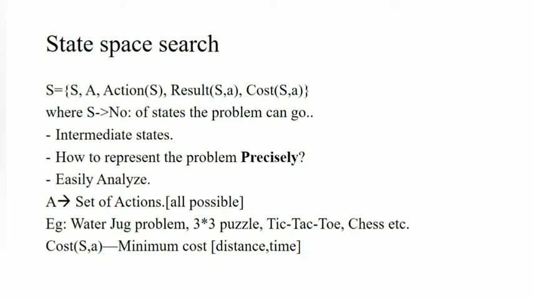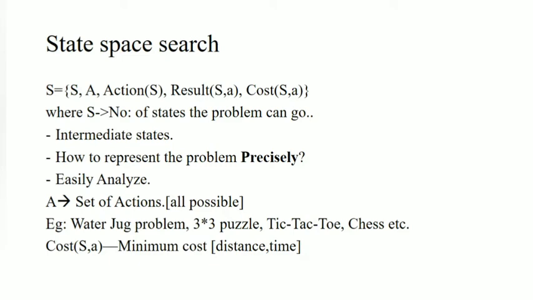That can be assigned as a distance, or it can be time. That is represented by the cost. When we are moving from one state to another, what is the distance between those nodes, or what is the time factor between those states, is called the cost of S comma A. So this is how the state space search has been defined.